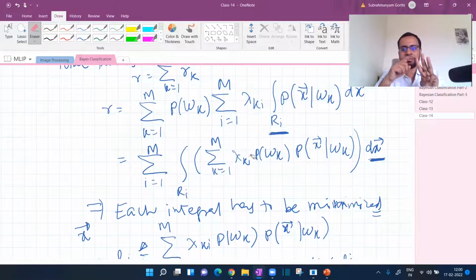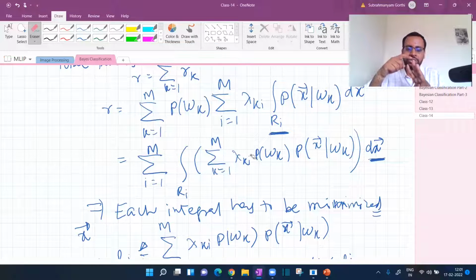What is the penalty of misclassifying something which should have been in the first class but has been given to the second class, which should have been in the first class but given to the third class, which should have been in the second class but given to the first, second but given to third, third but given to one, third but given to 2.